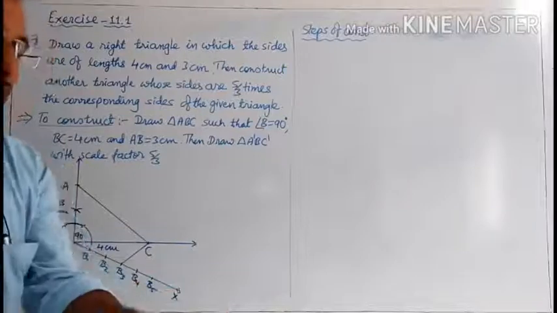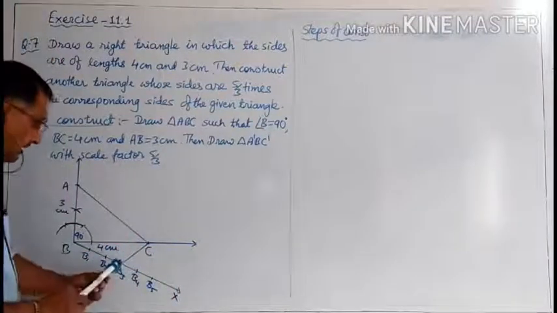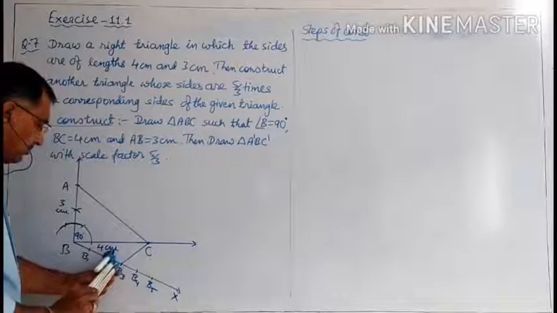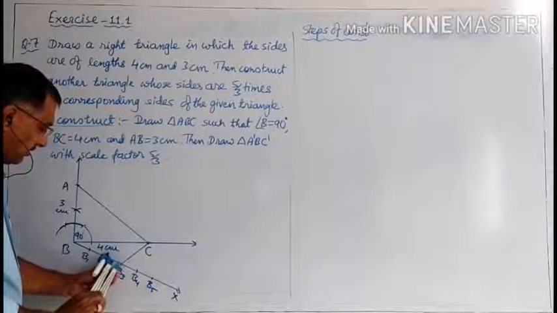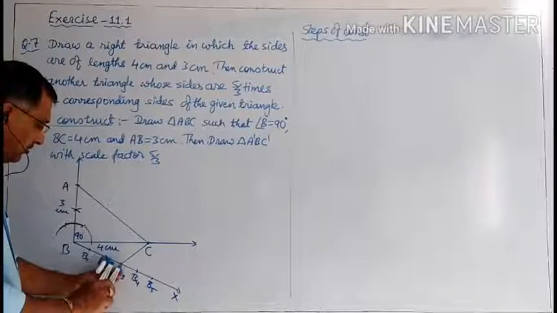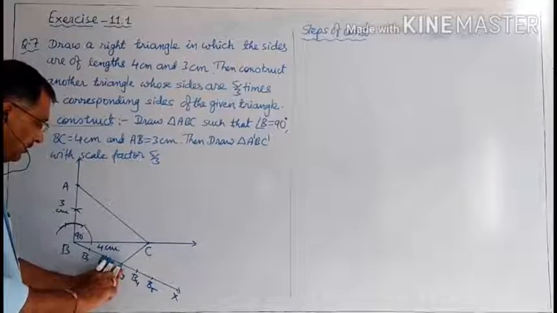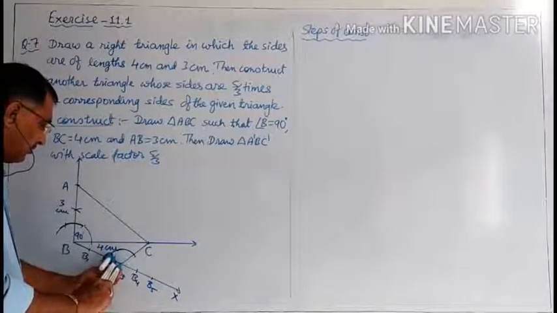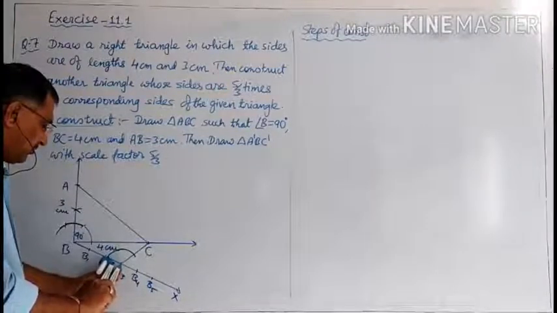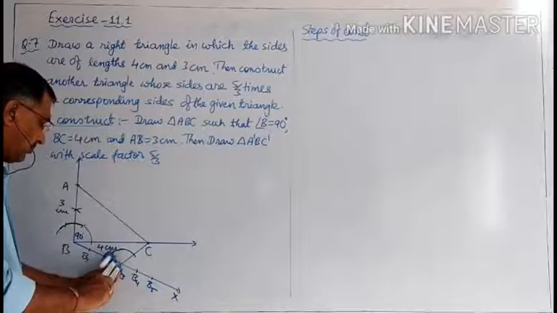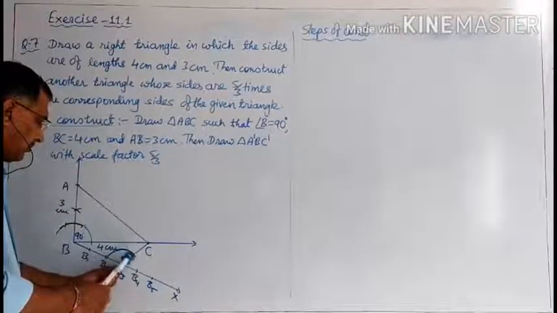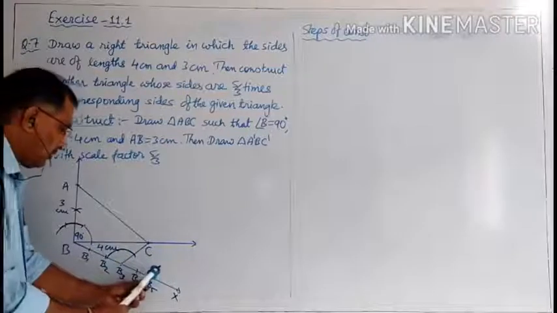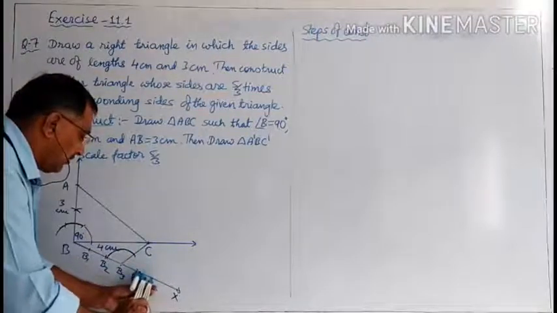So to draw the parallel line, we have to construct congruent angles at B5 equal to angle at B3. So taking a convenient radius, draw an arc, taking B3 as a center. Then taking B5 with the same radius, draw an arc.